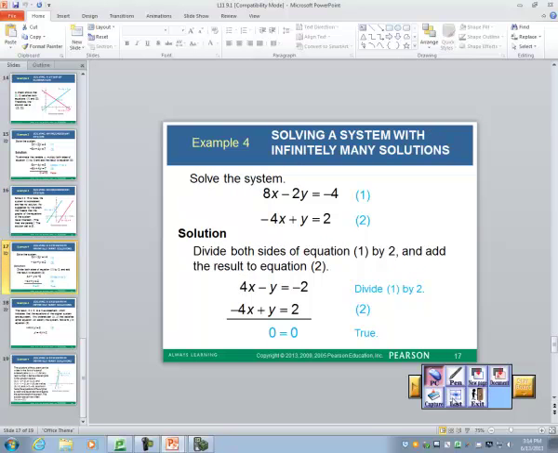Okay, here's another problem. 8x minus 2y equals 4, and negative 4x plus y equals 2.